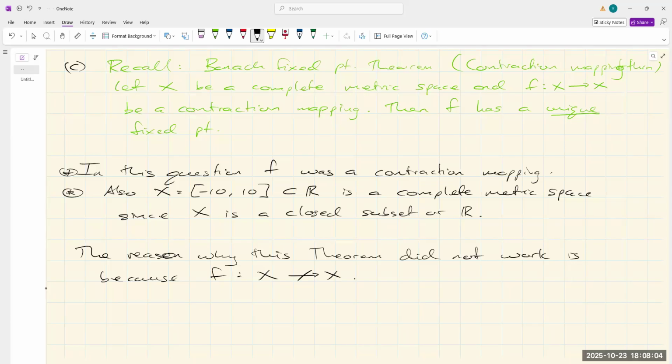So if this is true, then F needed to take the closed interval [-10, 10] and map it into the closed interval [-10, 10]. But I claim that this is not true. F is taking this closed interval and mapping it to something outside of it, to the real numbers. So I need to give you some point in the domain that maps outside of it.